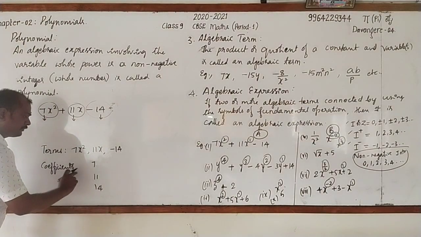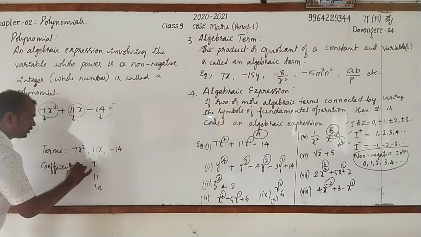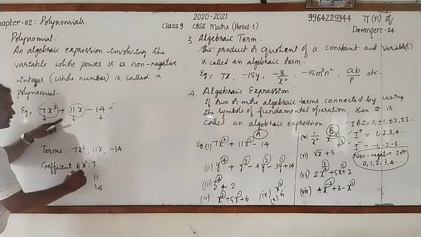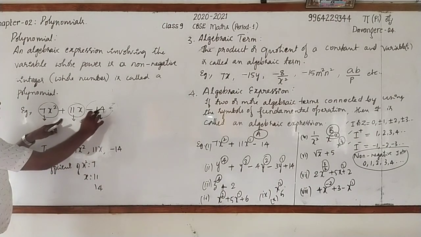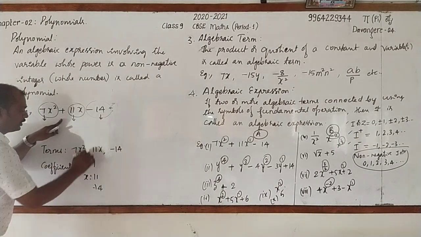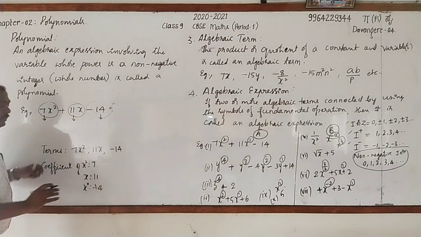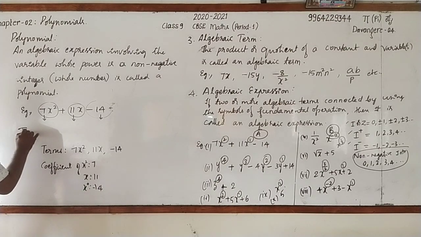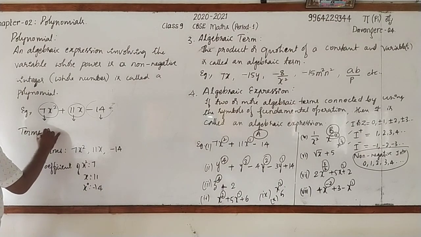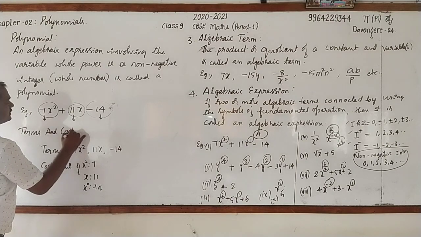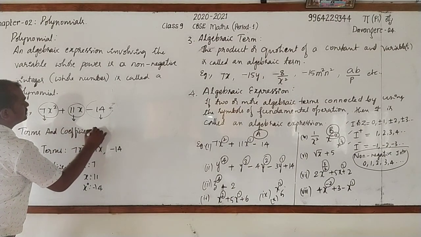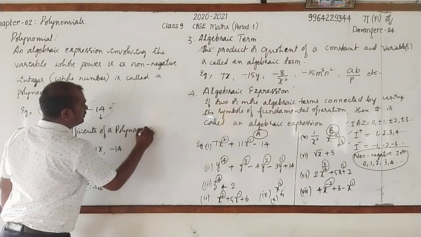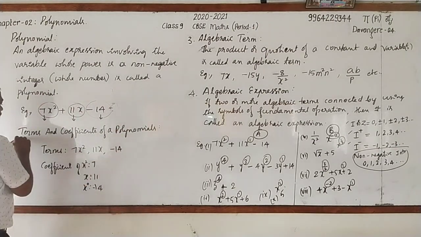But 7 is the coefficient of x square, then 11 is the coefficient of x, and minus 14 is the coefficient of x to the power 0. Understood? So now I am going to write the heading: terms and coefficients of a polynomial.